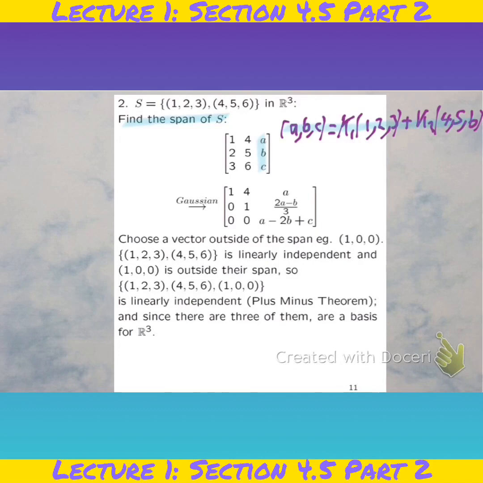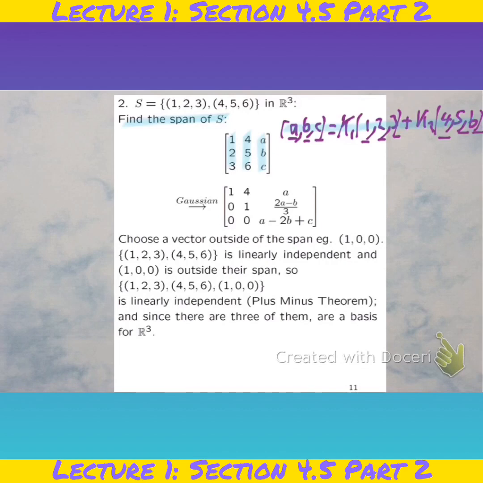So we set up that linear system, and it gives me a matrix, and we know how to do that. The system of equations will be: A equals k1 plus 4k2, B equals 2k1 plus 5k2, and C equals 3k1 plus 6k2.